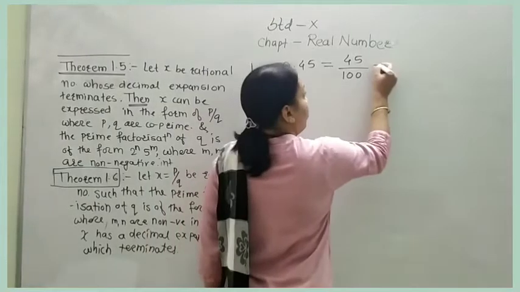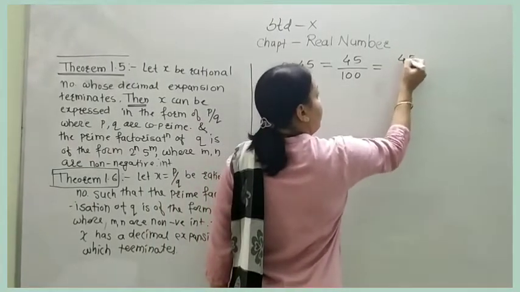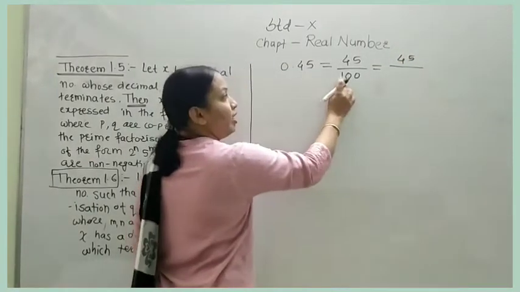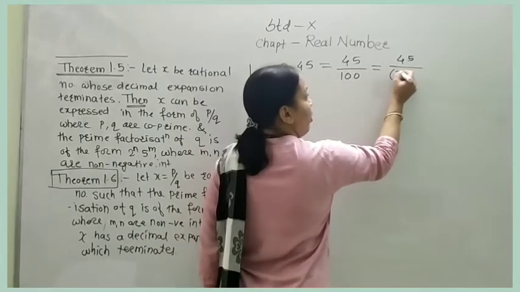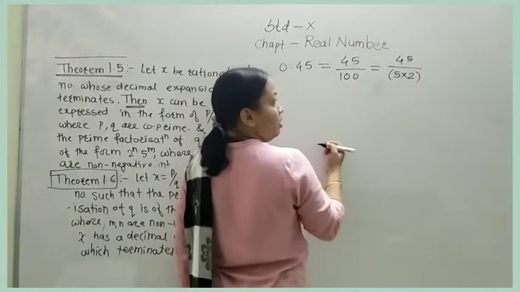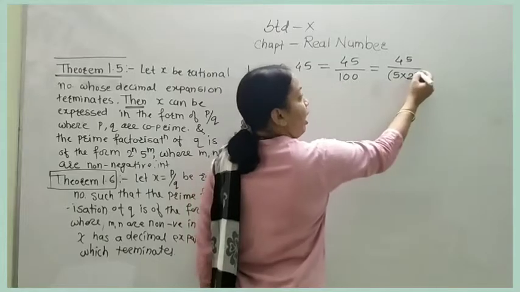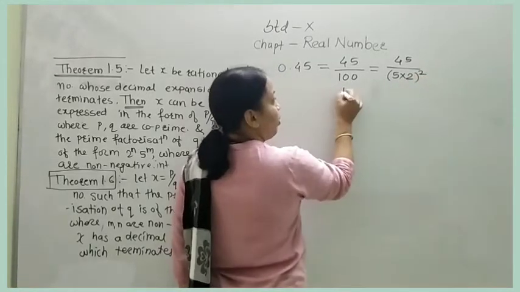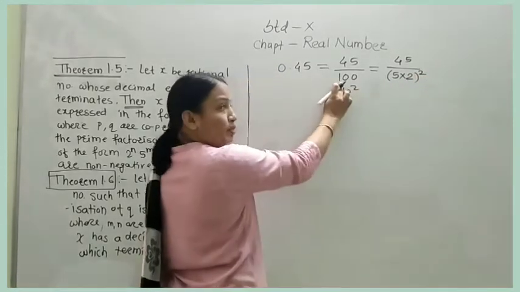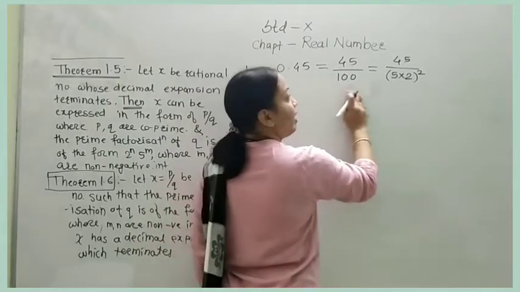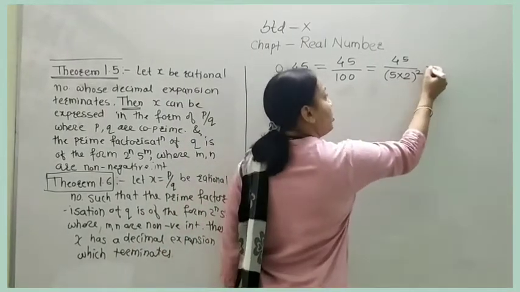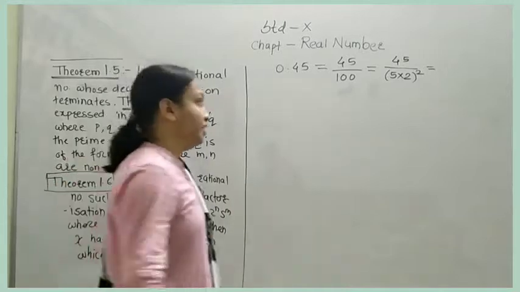Now 45 over 100, and 100 I can express as 10 square. Now 10 can be written as 5 into 2. These are the laws of indices you have learned in the standard.